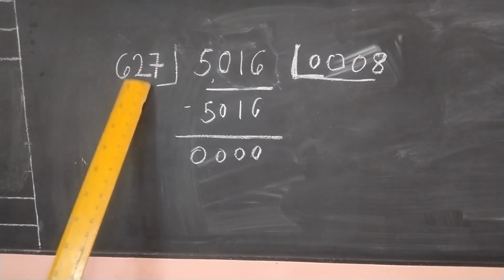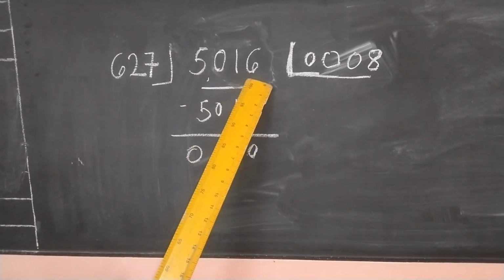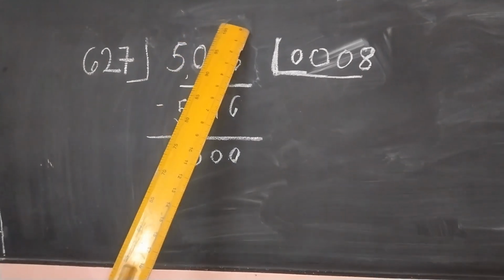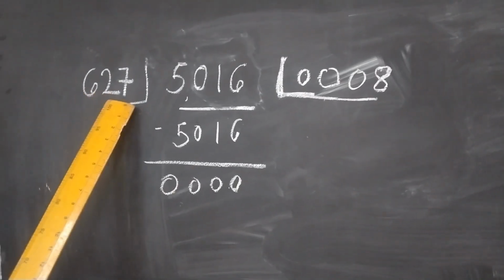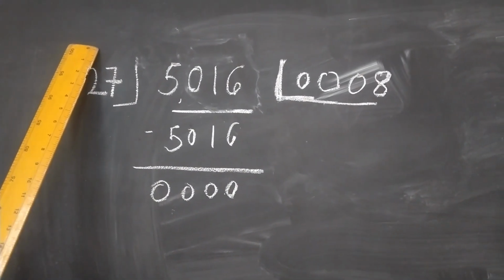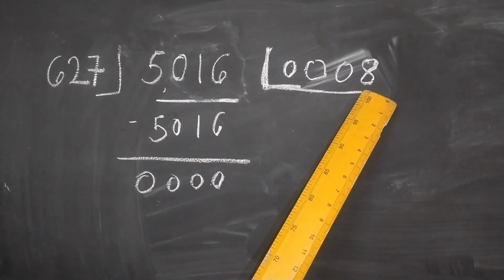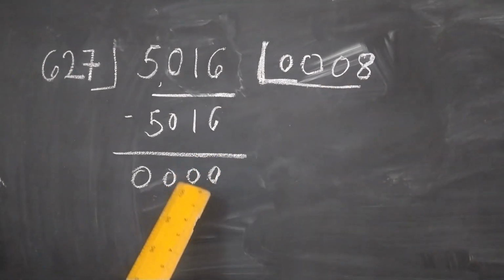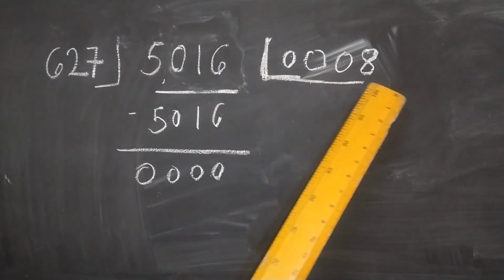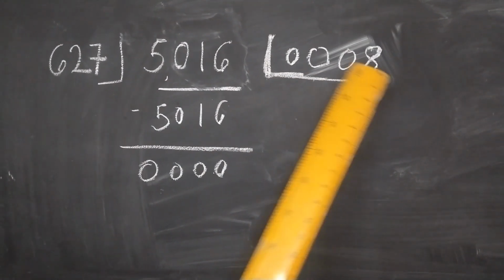So we are going to make 5016 the dividend and 627 the divisor, and we get this as the quotient or the final answer. There is no remainder here. So 8 is our answer.